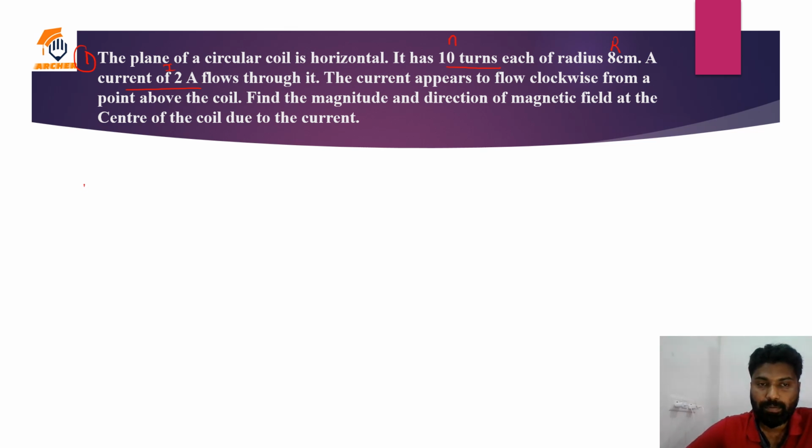What is the magnetic field at the center of the circular coil? We have B is equal to mu 0 N I divided by 2R. It is given N is equal to 10, R is equal to 8 centimeter, so it will be 0.08 meter, and I is given as 2 ampere.